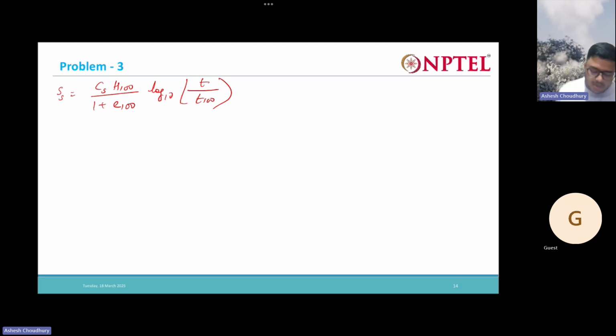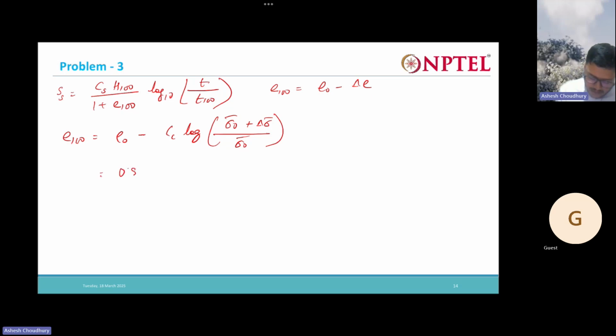And t100 is the time required for 100% primary consolidation. Now e100 is equal to e naught minus delta e. Now, e100 is equal to e naught minus Cc log, then we have 0.8 minus 0.28.